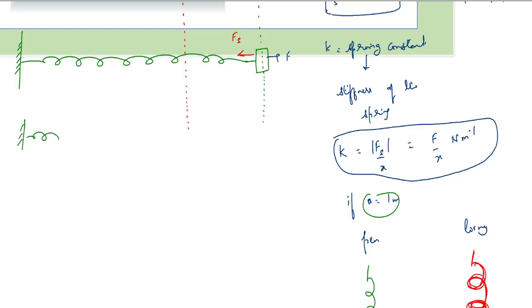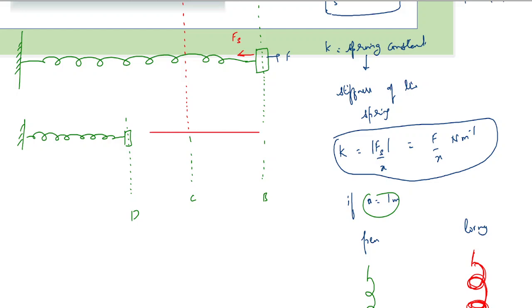So the block may come to this position. The block would oscillate between the two extreme ends like this. It should be equal here, so draw it properly. If this is the mean position, say called C, we call these extreme positions B and D. So this spring basically will oscillate between the points B and D.